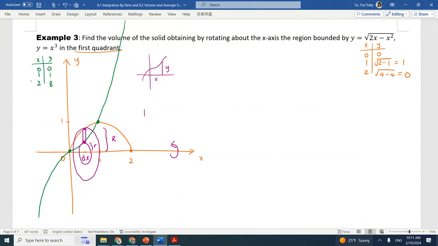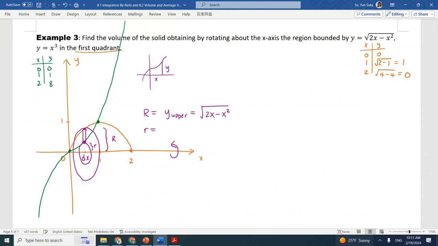So the big R is the y of the upper curve. Which function is the upper curve? Yes, the square root of 2x minus x squared.